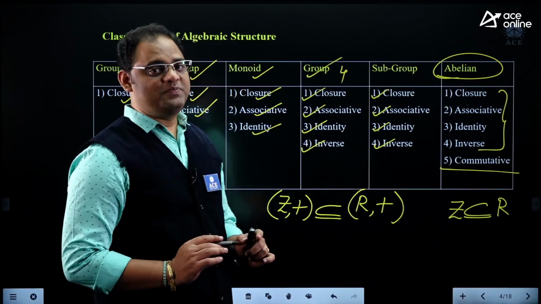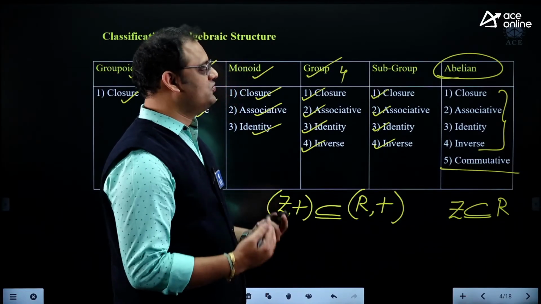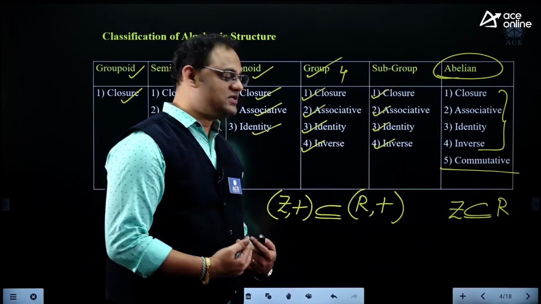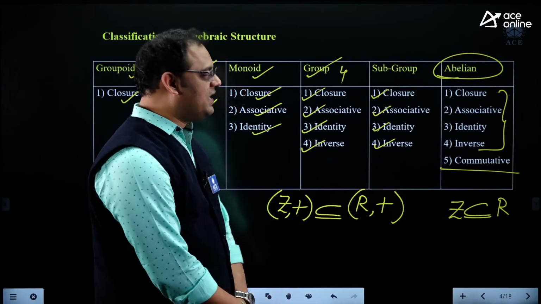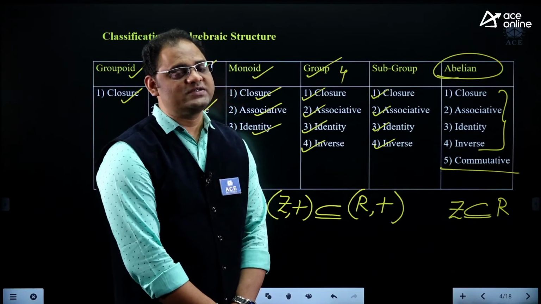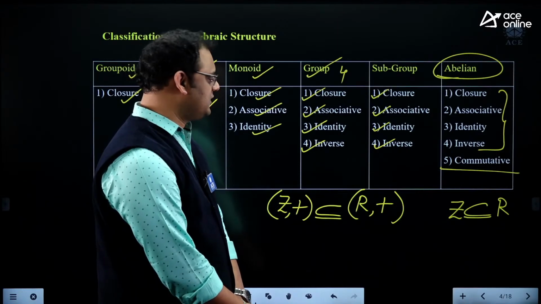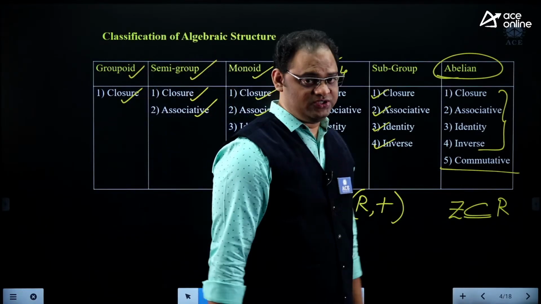So if it follows all five properties: closure, associative, identity, inverse and commutative, then that algebraic structure is an abelian group, also known as a commutative group.